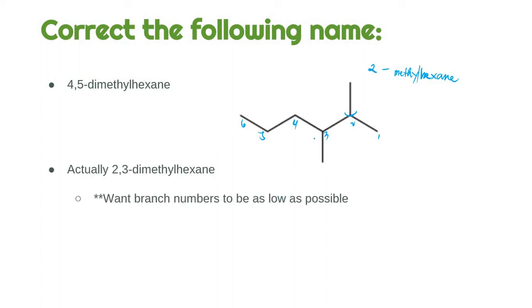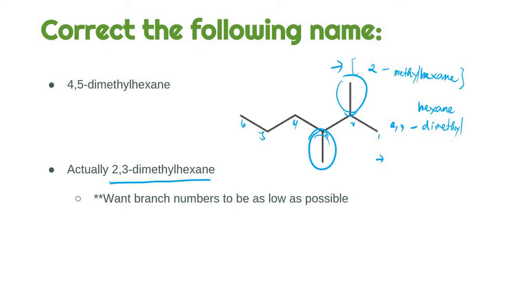And another here. So this is a mistake. So it's 2 branches actually. So it's a hexane, but the dimethyl, and it's found at carbons 2 and 3. So the name is this one. 2,3-dimethylhexane. So we want branch numbers to be as low as possible.